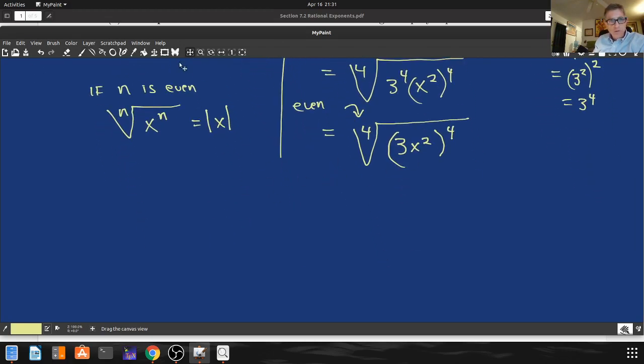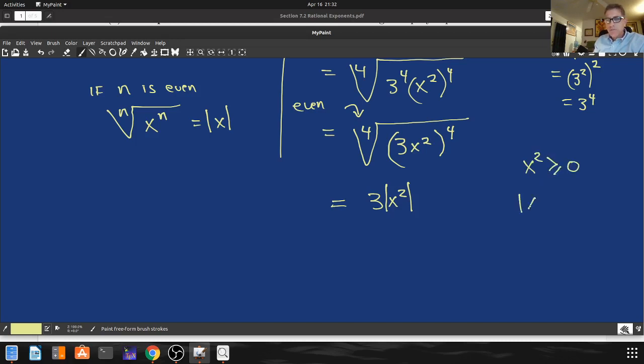So the question is, I know that the answer is 3x squared. Do I need to put an absolute value around the x squared? And I don't, because x squared is always greater than or equal to 0.